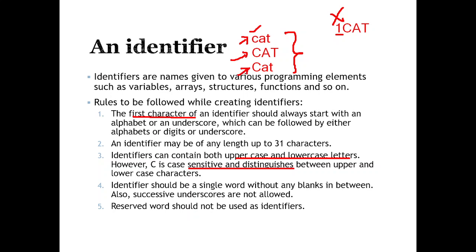So you must understand that C distinguishes between capital letters and small case letters. If I say dog in small case and dog in capital, they are identifiers but they are not the same. One is in small case, the other one is in capital. That is why we say C is case sensitive.